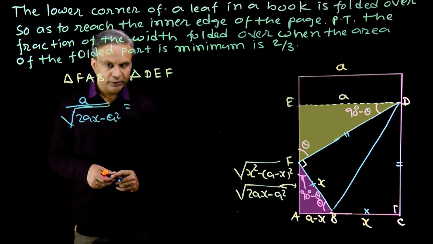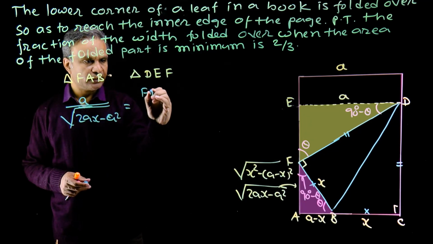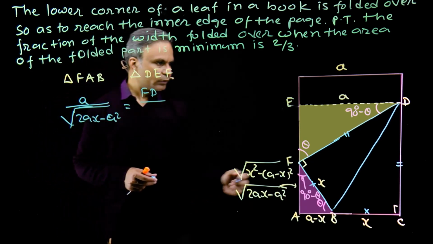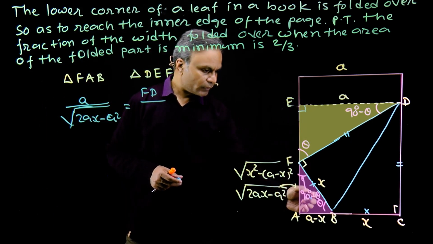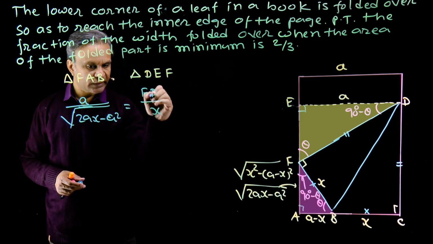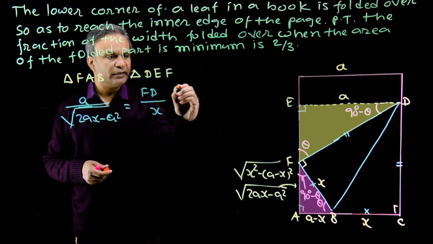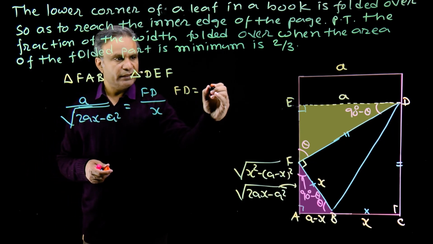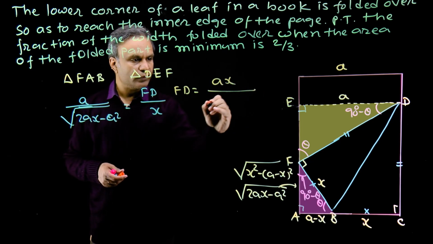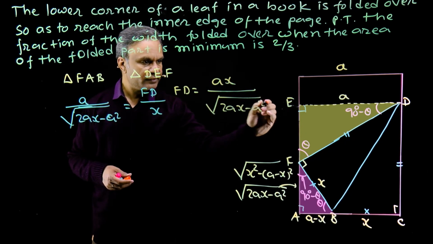This is equal to, now we want FD, so we write FD over x, since opposite to the right angle we have length x. From this we get FD is equal to ax over square root of 2ax minus a squared.